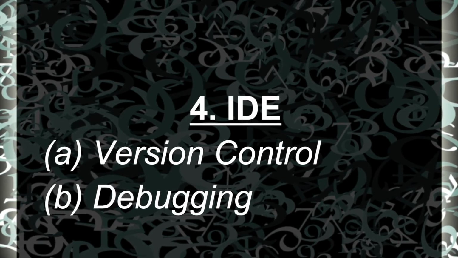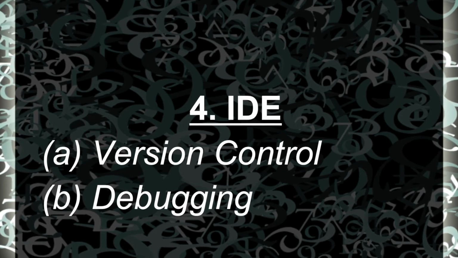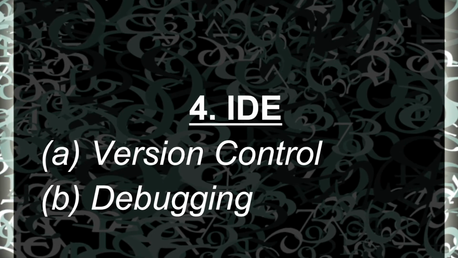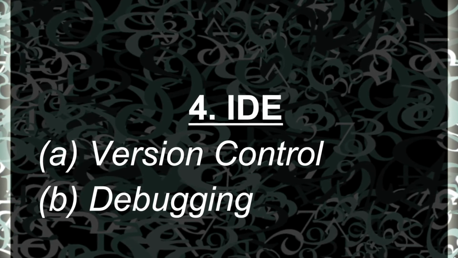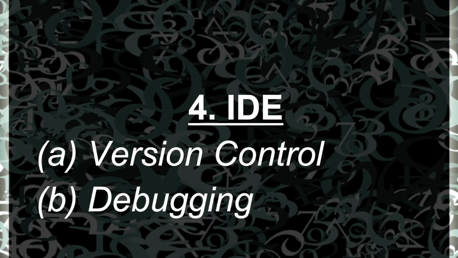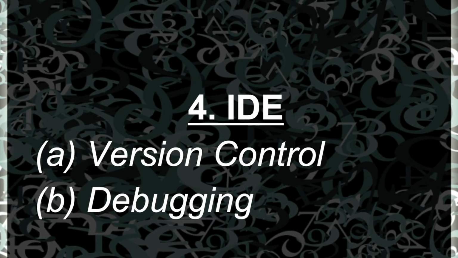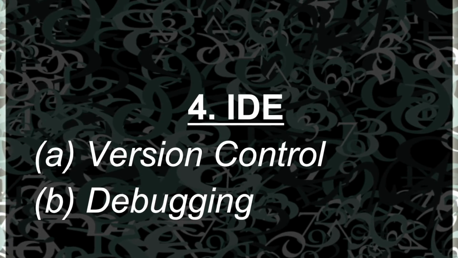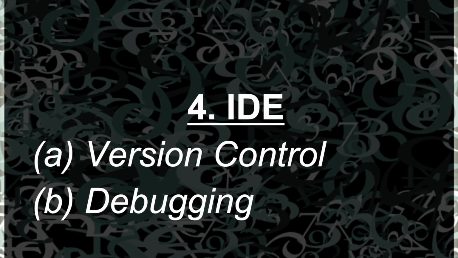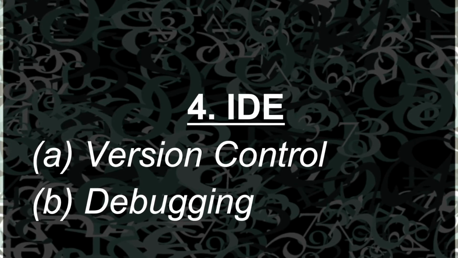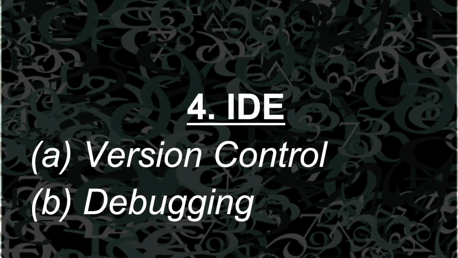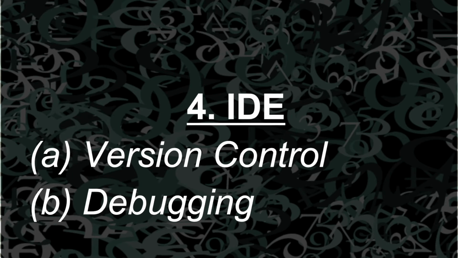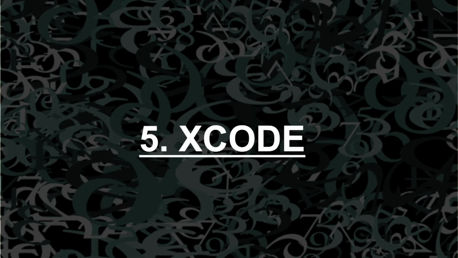So firstly, I'm going to explain what version control is. It is also known as revision control or source control. This is mainly responsible for the management of changes inside the document. After that, the second is debugging. It is the process of identifying and removing errors from computer hardware or software.